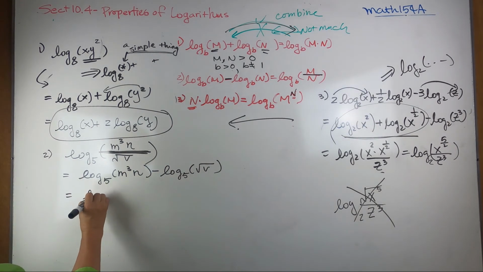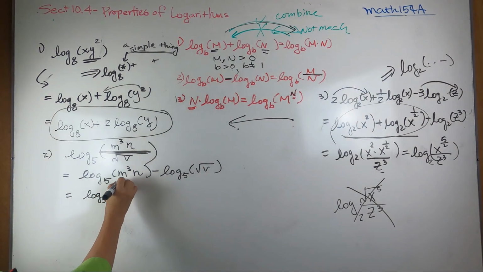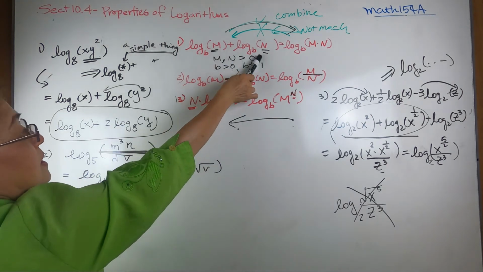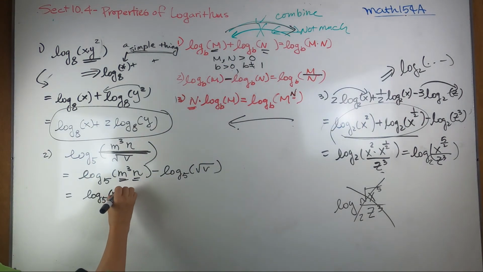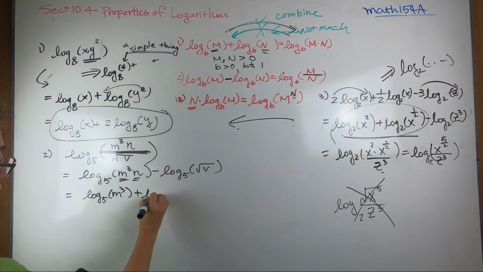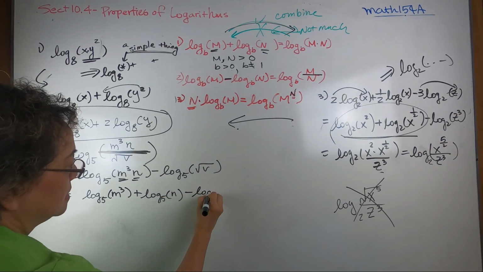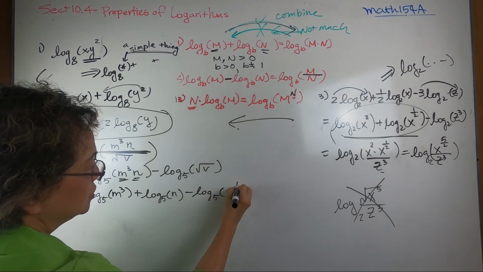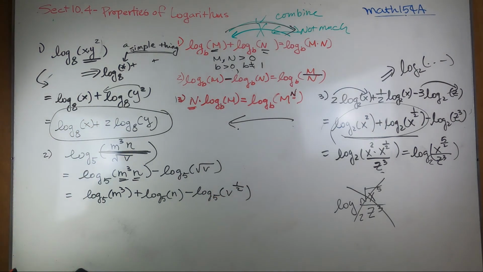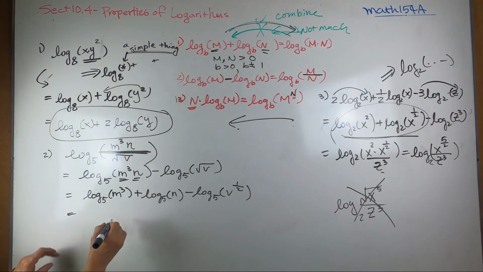So what do we do? This one is multiplying, then you break down by adding: log 5 m cubed plus log 5 and n, right? Minus what? Log 5 v, you change it to power half, right? So you have a single v. Then this one, you want to have a single m inside.